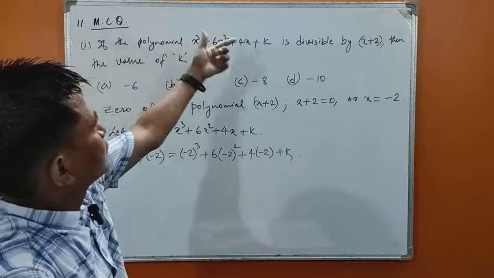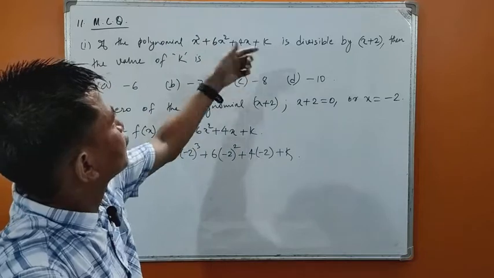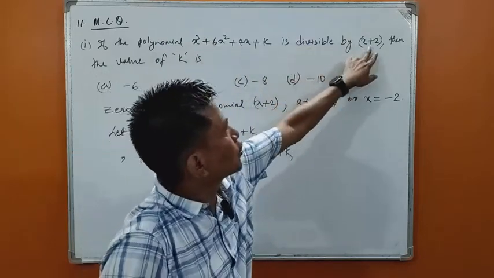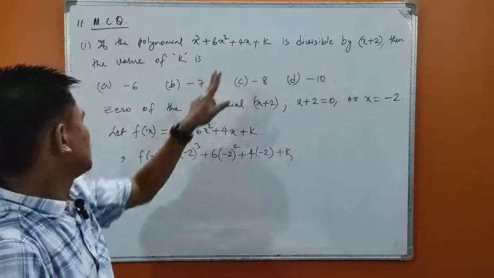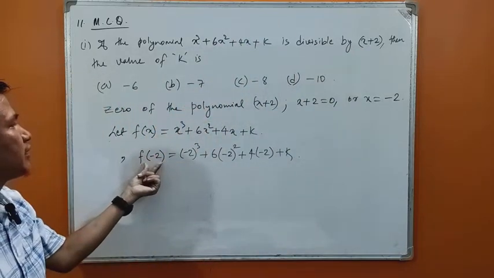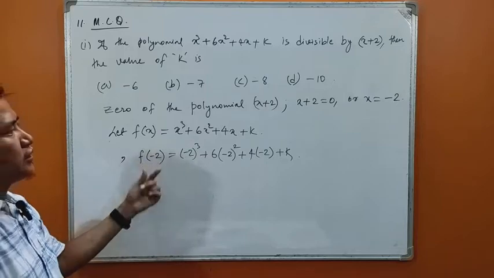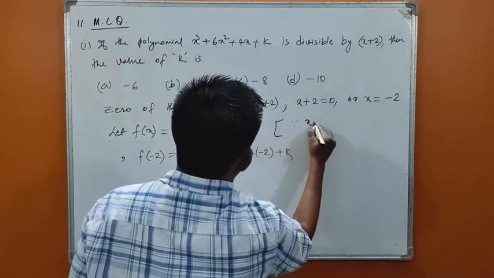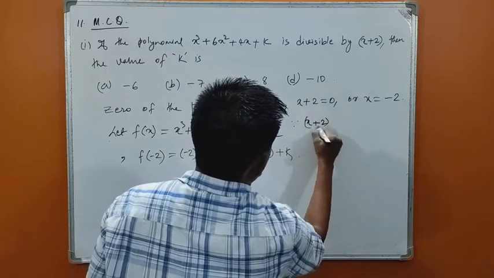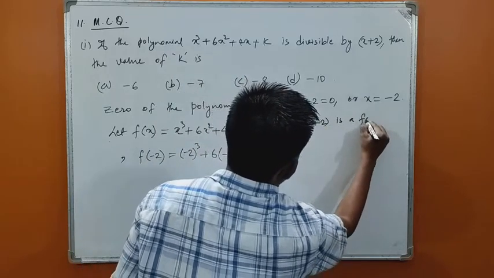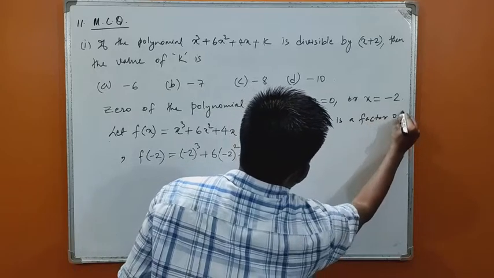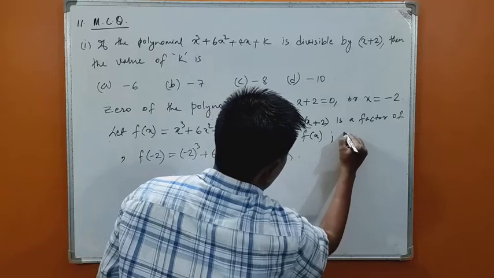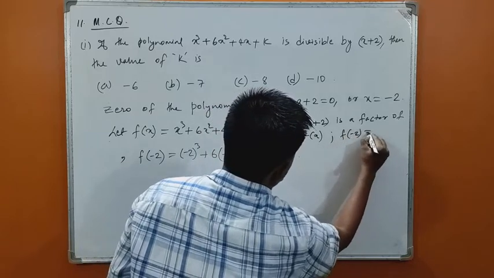And we are provided with the information that this expression is divisible by x plus 2, means x plus 2 is a factor of this, isn't it? So f minus 2 is remainder, remainder should be equal to 0. You can write, since x plus 2 is a factor of fx, therefore f minus 2, that is remainder, should be equal to 0.